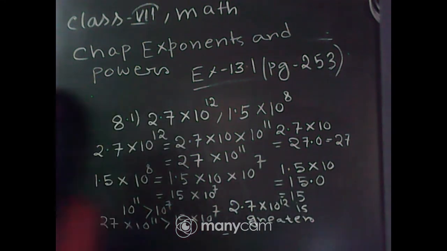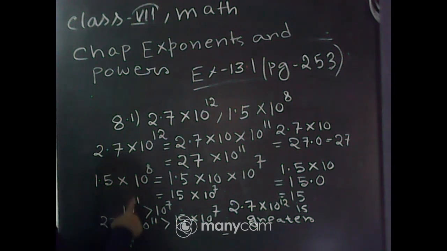Okay. And clearly 10 to the power 11 is greater than 10 to the power 7, since here the power is 11 and here the power is 7.